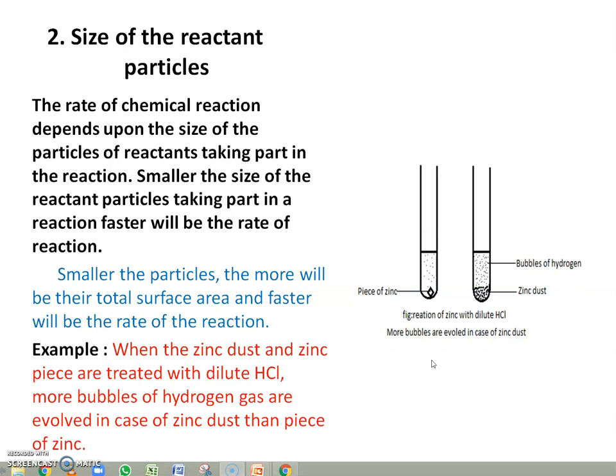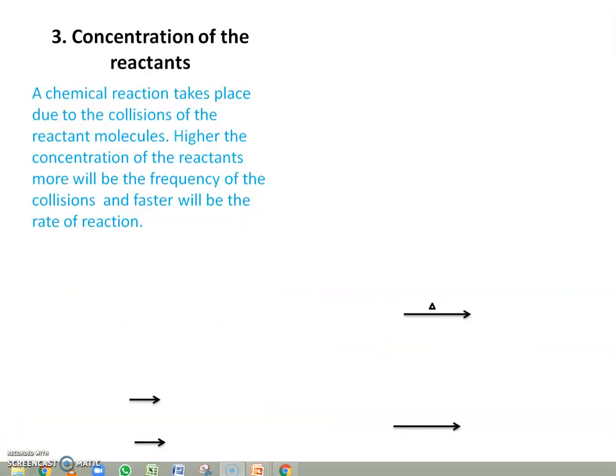The reason behind this is that the smaller the particles, the more will be the total surface area and faster will be the rate of reaction. The third factor which affects the rate of reaction is the concentration of the reactants. A chemical reaction takes place due to the collision of the reactant particles.